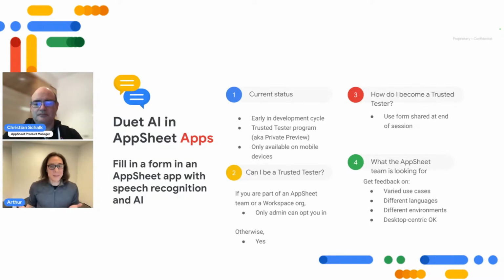We can't bypass that. If you're not in that situation, it's going to be a lot easier. If you're interested and you're not part of an organization, we will definitely consider you. There are no technical hurdles like we had for Duet AI for app creation. It's not through a Google Chat app, for example. So it's much easier to give you access.